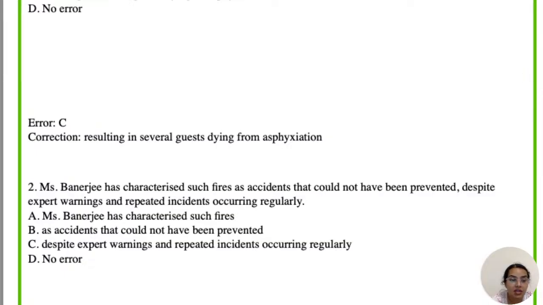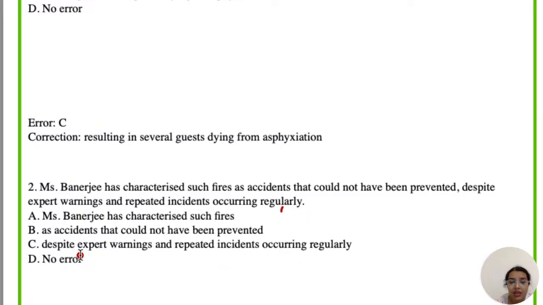For the second one, answer is C. So, Ms. Banerjee has characterized such fires as accidents that could not have been prevented by someone. So, this is also correct. Despite expert warnings and repeated incidents, now these incidents occurring regularly. This is a redundancy issue. You are saying that things are being repeated.